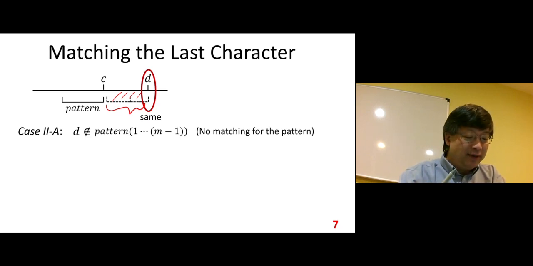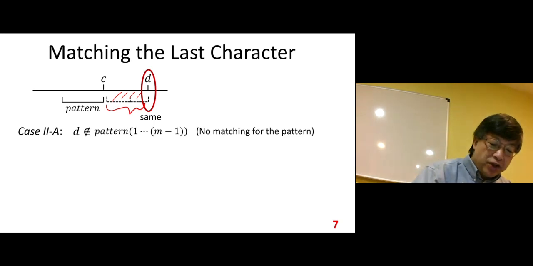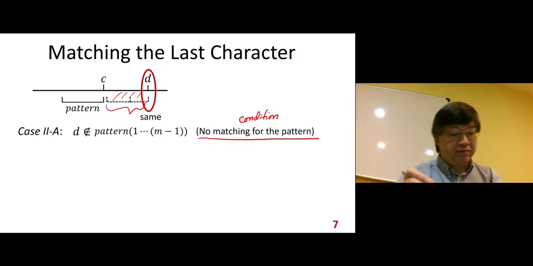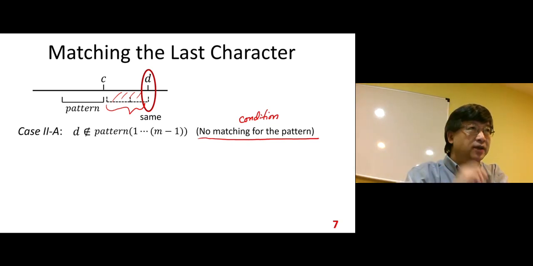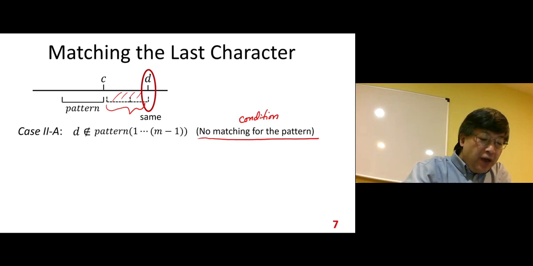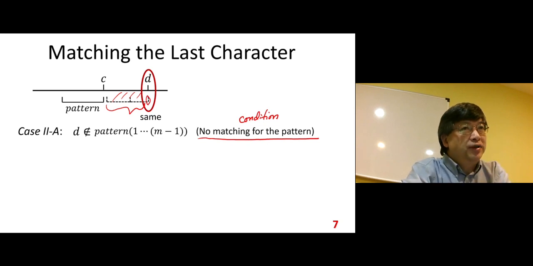let me try to get it straight. This condition, not matching for the pattern condition. We need this condition. So what's that? The situation like that. Let me repeat. D and this character are the same. So that's the first condition.